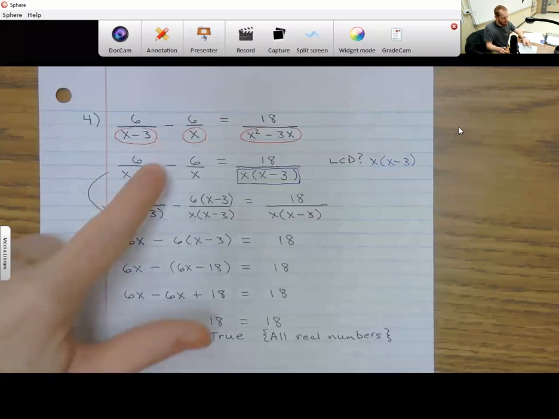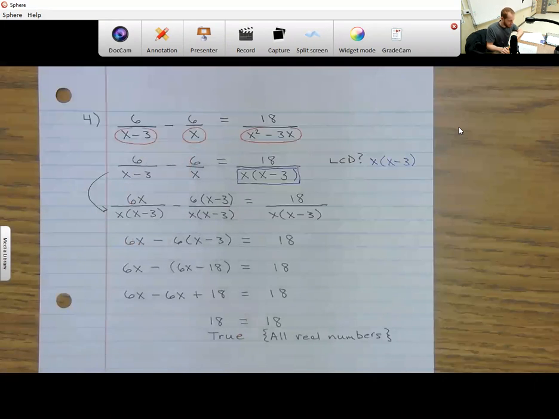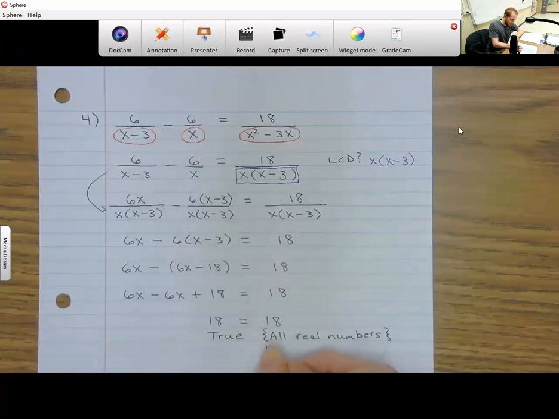But then I'd be dividing by 0, right? So I can't have a 0. I can't have a 3 either. So maybe all real numbers except for 0 and 3. So you could say all real numbers except for 0 and 3.